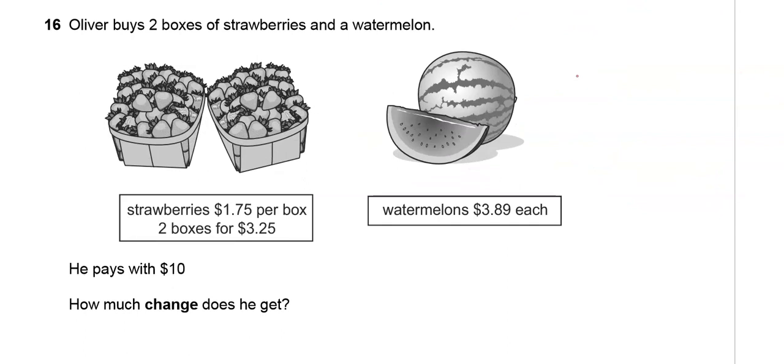Question number 16. Oliver buys 2 boxes of strawberries and a watermelon. Strawberries are $1.75 per box, 2 boxes for $3.25. Watermelon is $3.89 each.